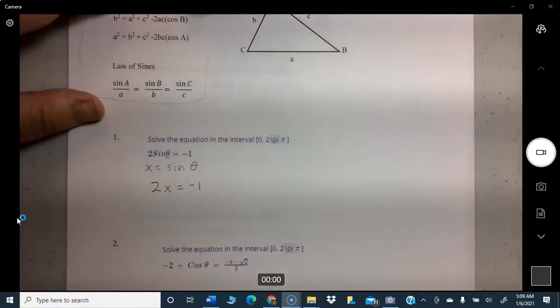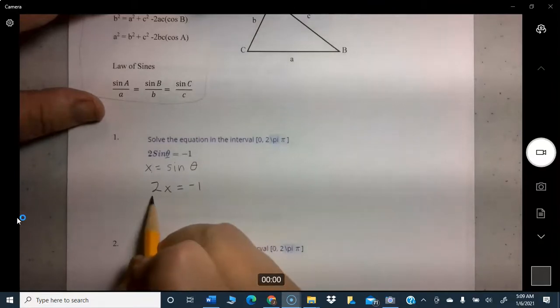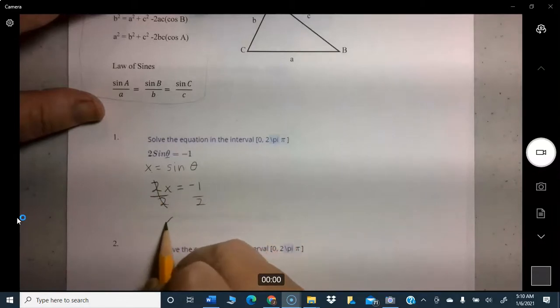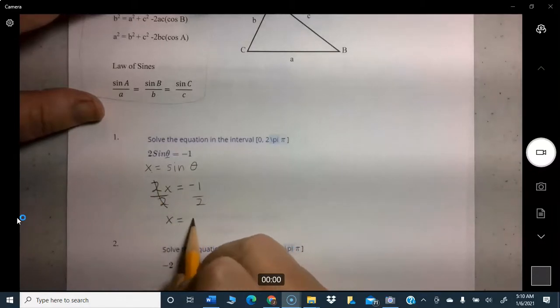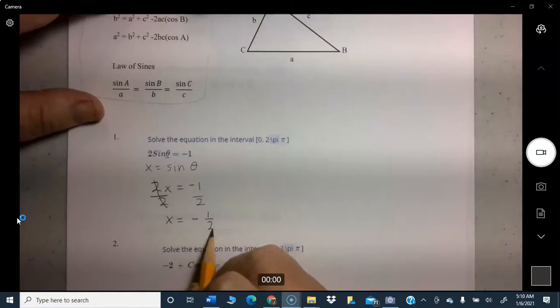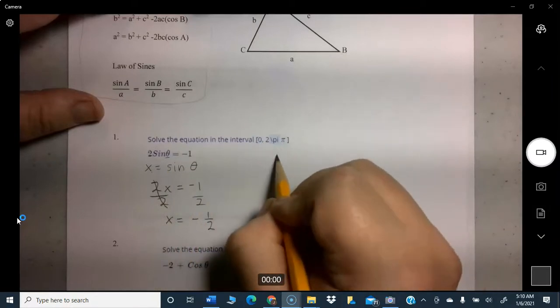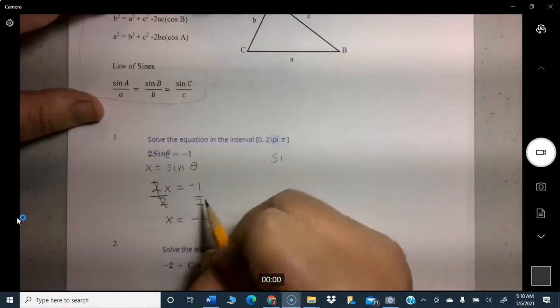Now it looks like an algebra equation. So I'm going to divide both sides by 2, and I have x equals -1/2. Now I'll resubstitute sine theta back in for x and do the trigonometry part of the problem. That was the algebra part.